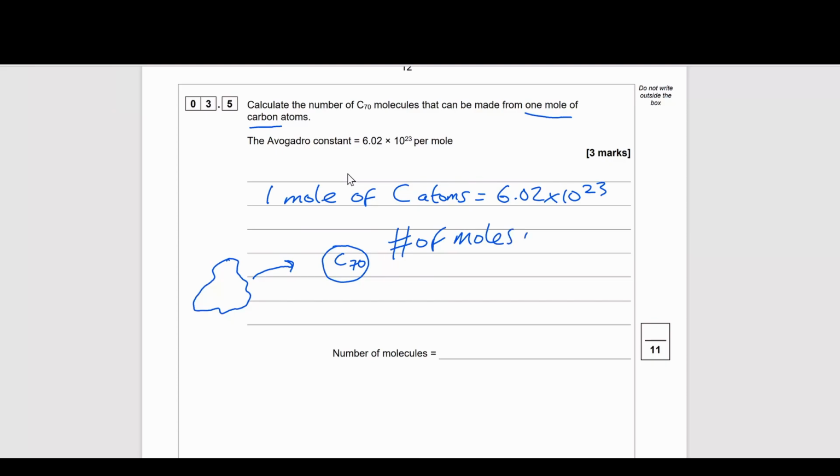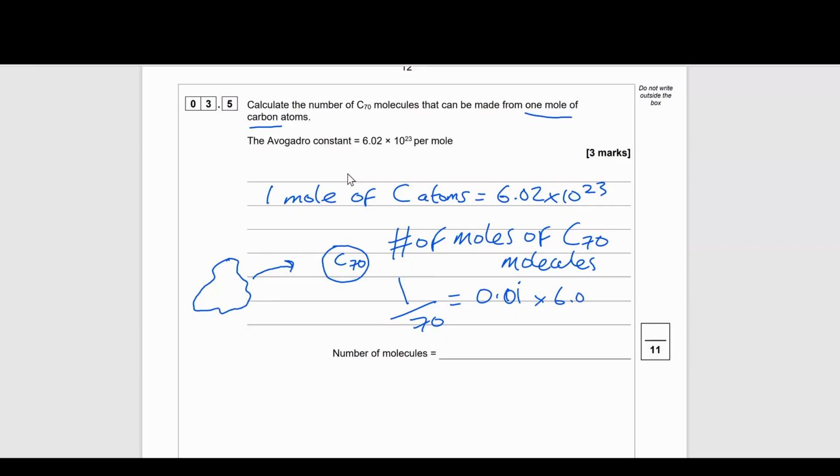So, first thing that we could find is the number of moles of C70 molecules. And the easiest way for us to do that is just taking 1 and dividing that by 70. And we'll come out with a value of 0.01 recurring. So, our next job now, because we now know the number of moles of these C70 molecules, is we now need to times that by our Avogadro's constant.